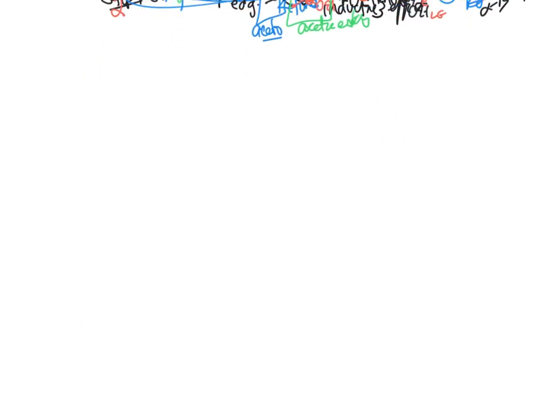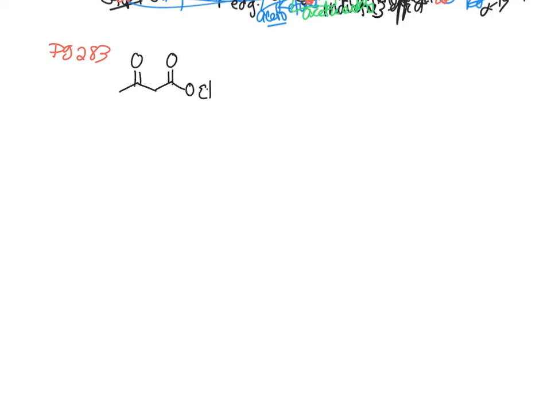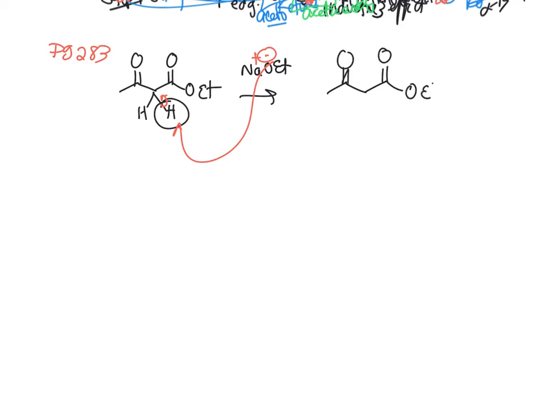All right. So we're on page 283. And this one's circled and wants to show that. Okay. So your base here would deprotonate and you'd form your alpha enolate.